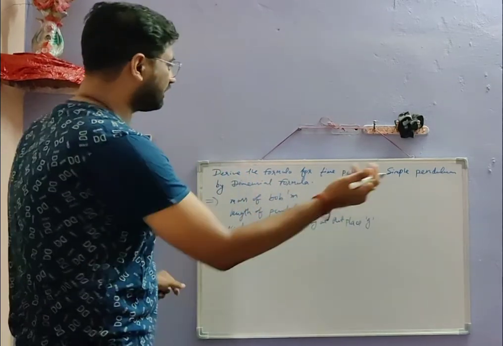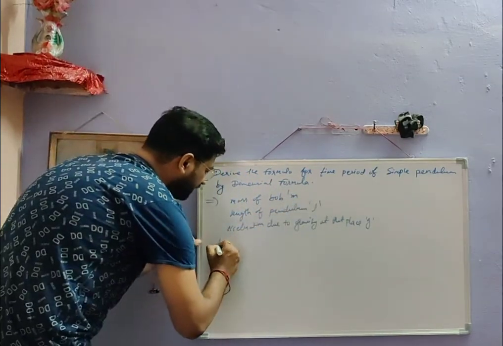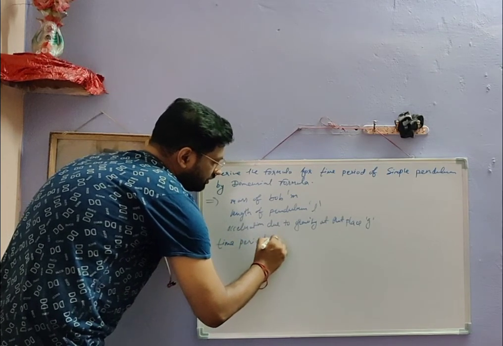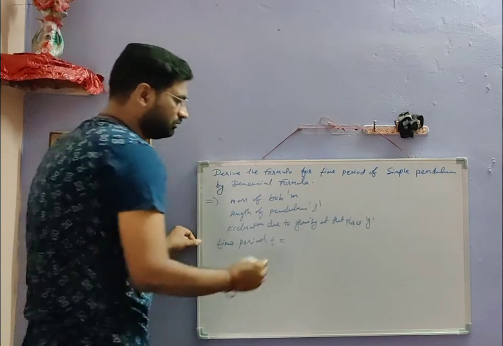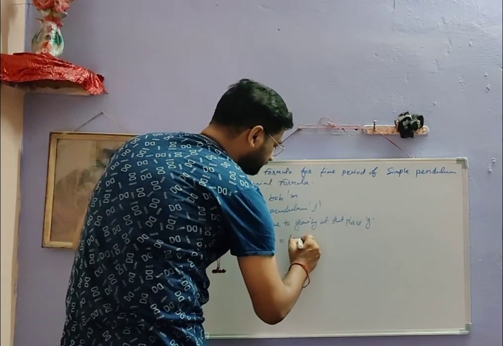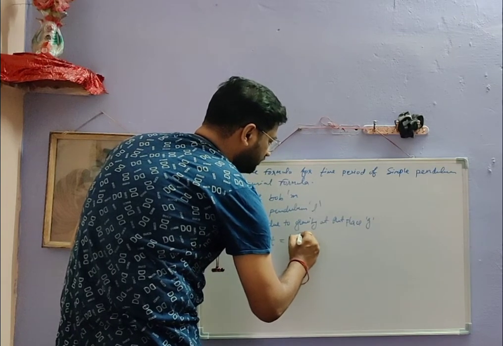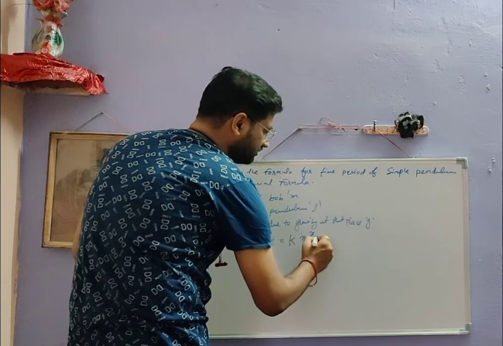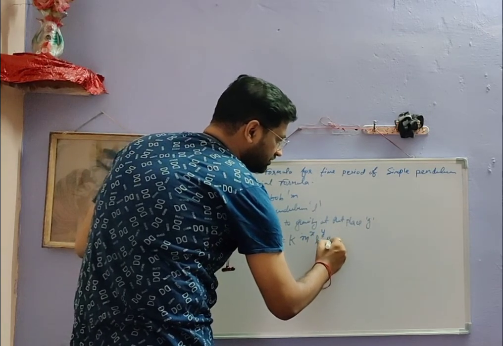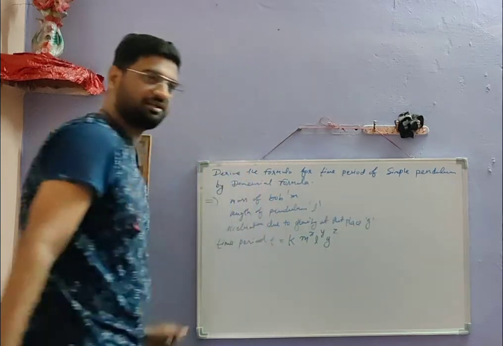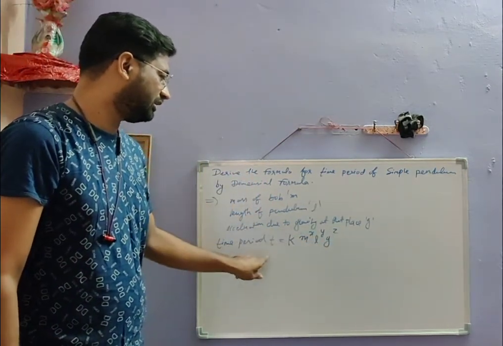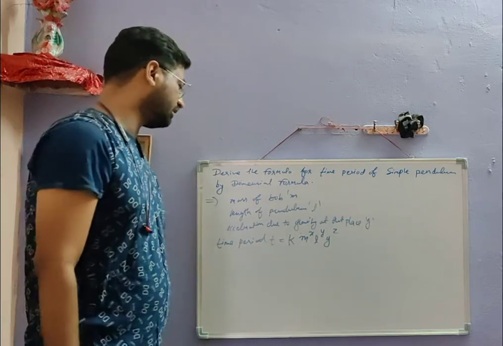So overall you can write time period small t is equal to constant k into m to the power x, l to the power y, and g to the power z. Okay, m, l, g, t, these are the physical quantities.